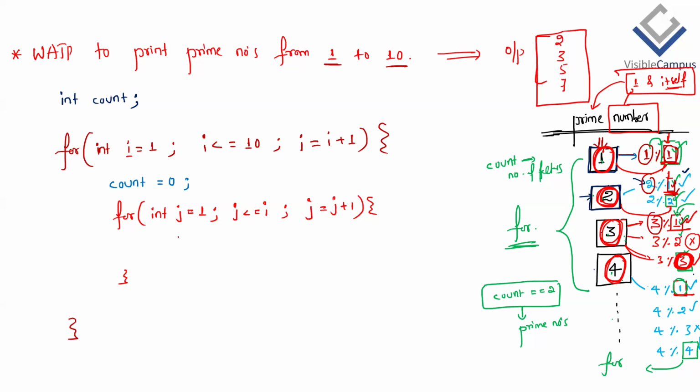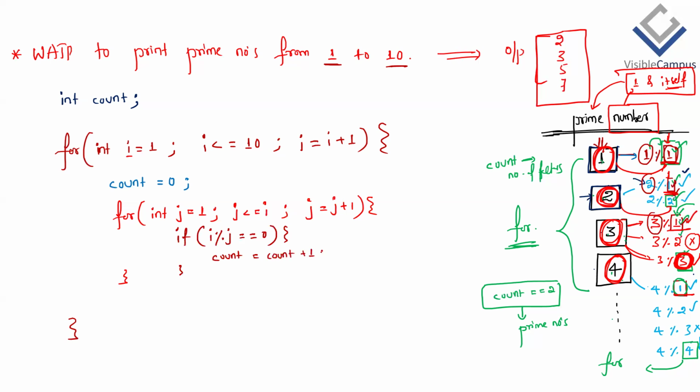Then how to write it? If i mod j double equals 0, that means we are checking whether j is a factor of i or not. In that situation, what are we supposed to do? Print that it's a prime number, or count the factors? Count the factors. That's why here count equals count plus 1.